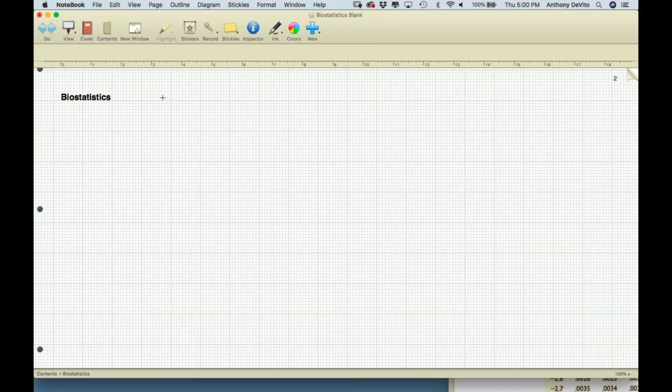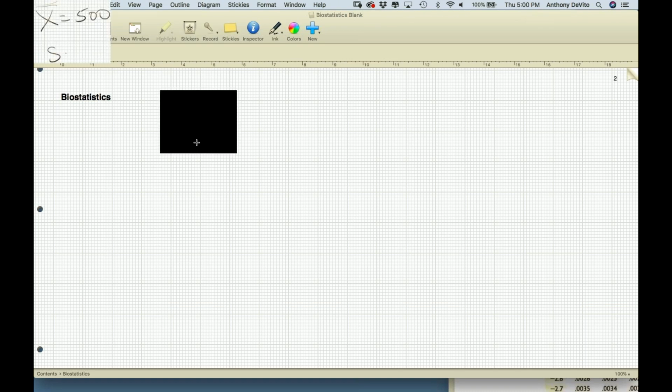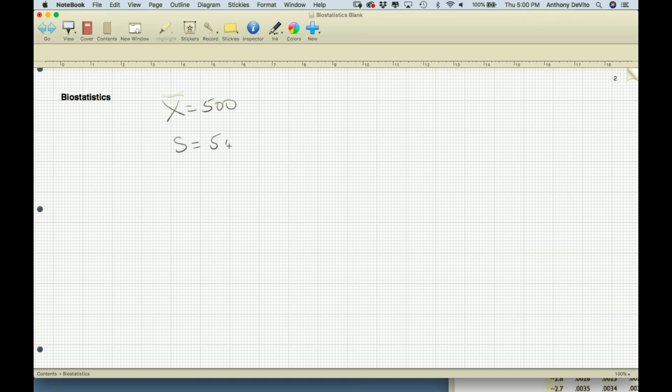Okay, I take a sample, X bar is equal to 500. My standard deviation is equal to 50. My sample size is equal to 100. Now I calculate my standard error. It's equal to 50 divided by 10, which is 5. Okay, you okay with that?